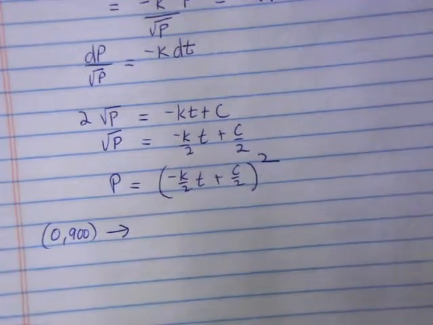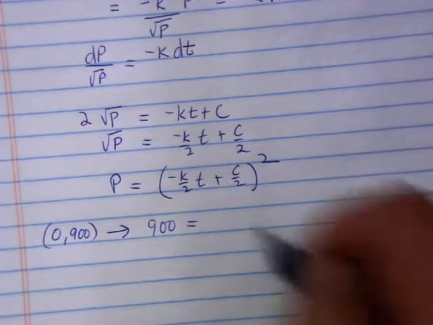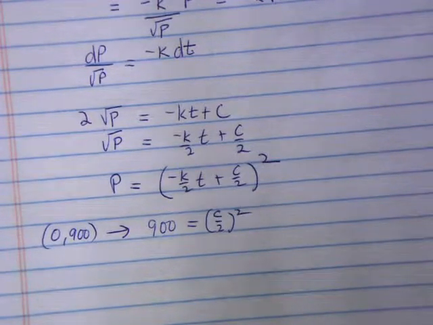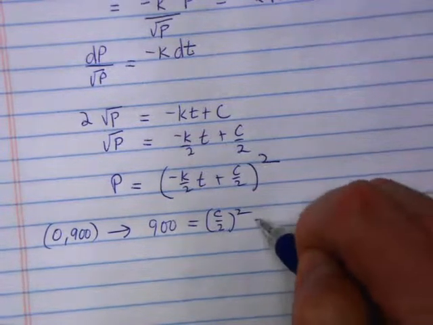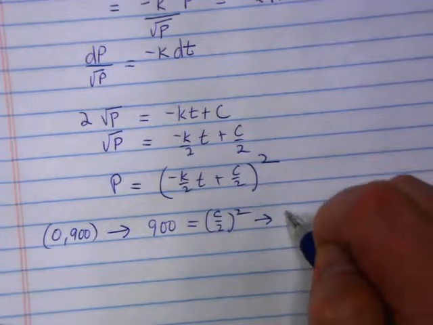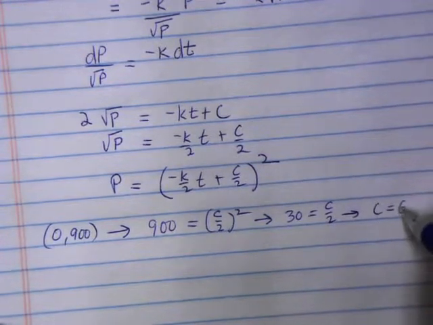I get 900 equals c over 2 squared. Square root of both sides. What's the square root of 900? 30. 30 equals c over 2. c is 60.